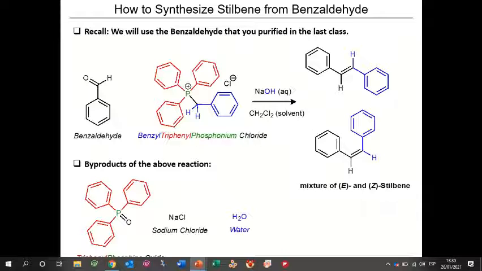The synthesis is going to proceed with two phases or two layers in the mixture: an aqueous layer, which is going to be basic with sodium hydroxide, and an organic layer, which is going to be DCM. As a result, you're going to get the mixture of both E and Z stilbene.